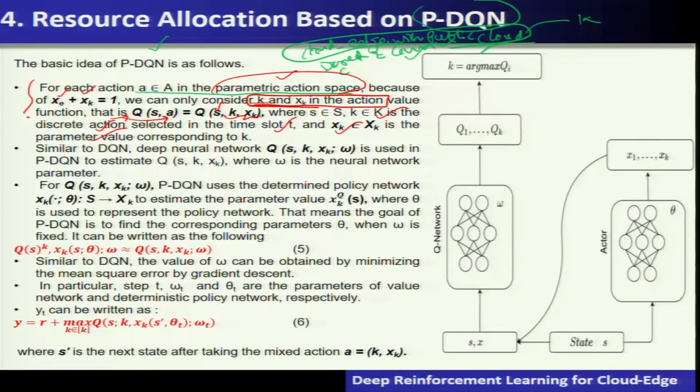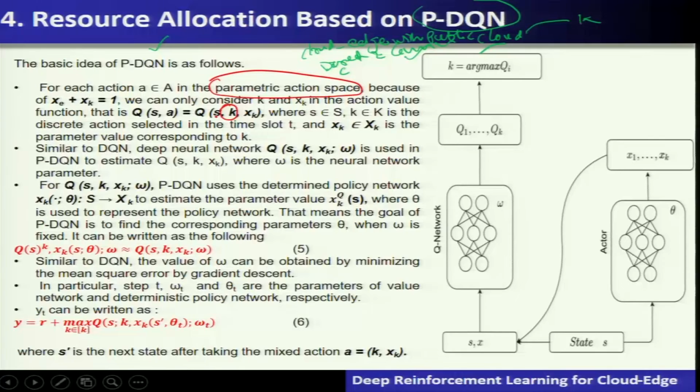That is what we now have to consider: what is meant by the parameterized action space. Having understood the parameterized action space, similar to DQN, the deep neural network is used here for the q values.